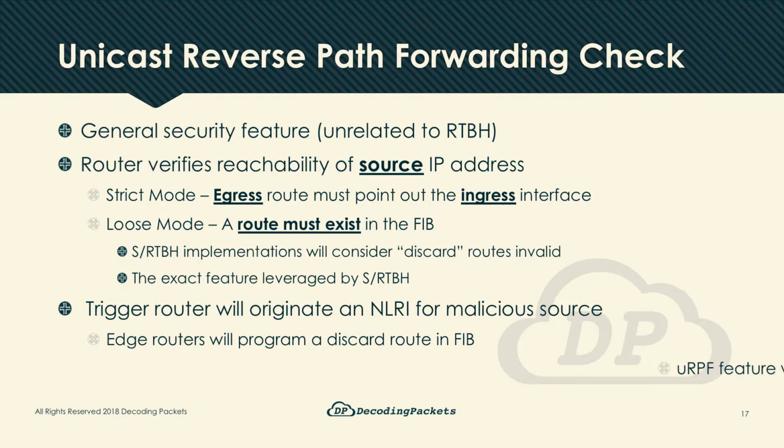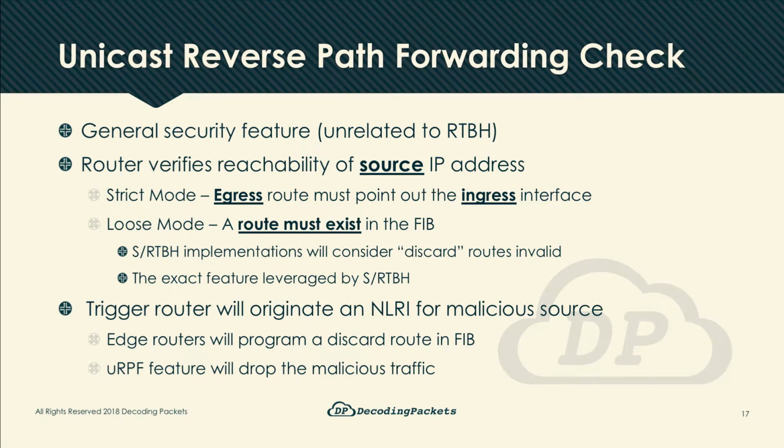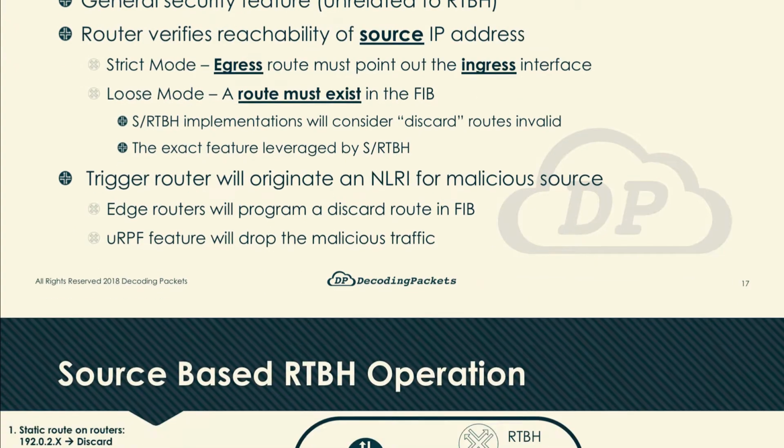And finally, if the uRPF check is enabled on the border interfaces with the discard route exception that we talked about, then this discard route will be used by uRPF check to drop all the malicious traffic coming from that attacker. See? Simple. Time to see SRTBH in action.